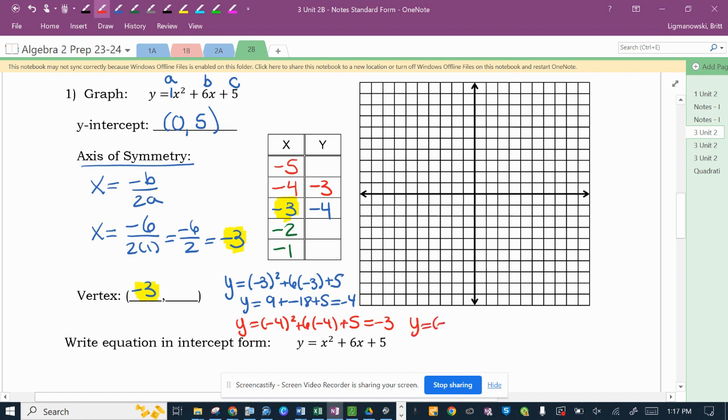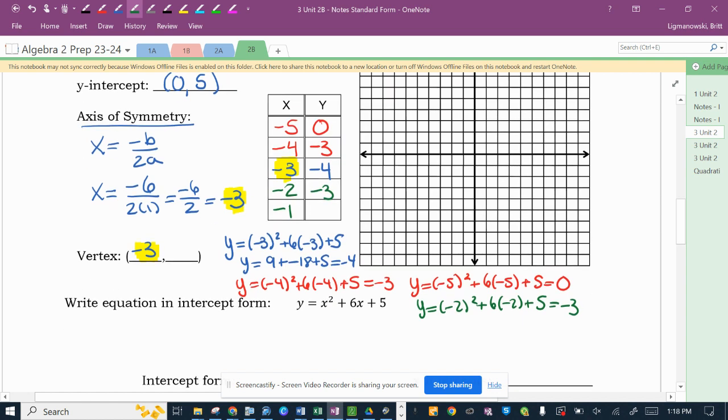Do the same thing with negative 5. And then do the same thing with 2, or negative 2, excuse me. And negative 1. Now, you could always use the table feature on your calculator as well.